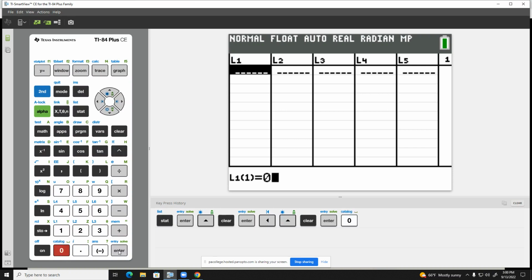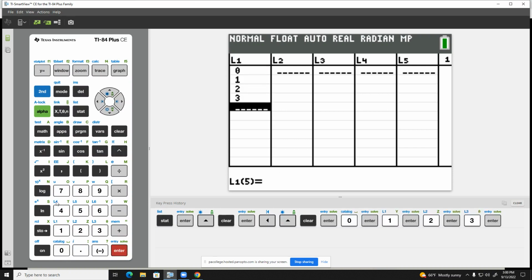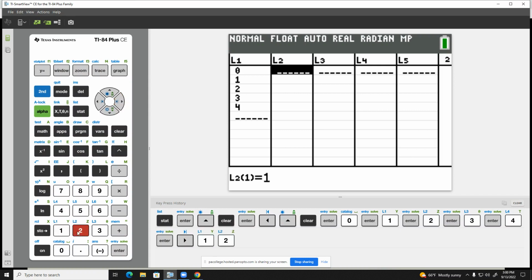So they were 0, 1, 2, 3, and 4. And then I'm going to type my enrollment numbers into list 2. And so I do have these on paper in front of me, even though you can't see them, but you can type along. So the first enrollment was 12.98. Arrow down.